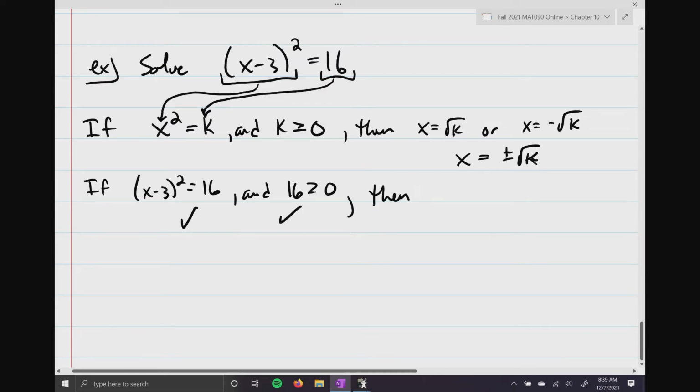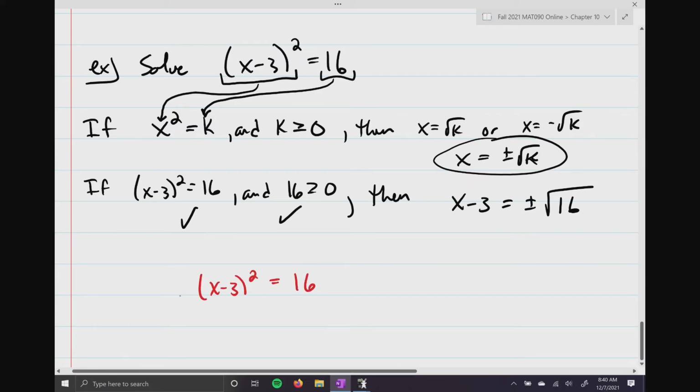Then we're going to rewrite our problem just like this: x minus 3 equals plus or minus the square root of 16. What we did, and I'll write it underneath in red, is we took the square root of both sides and put the plus or minus out front.